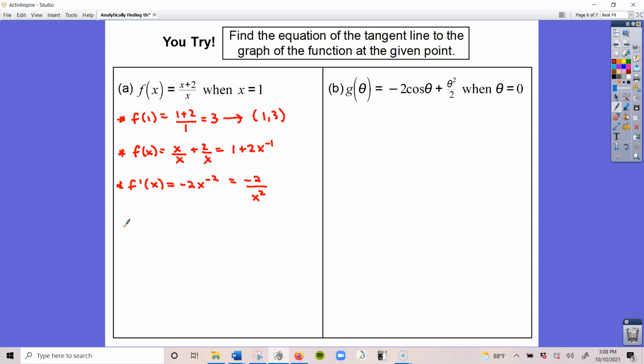Now we plug in the 1 to get the slope. So f prime of 1 is going to equal negative 2 over 1 squared, which is equal to negative 2 over 1, so negative 2. So I have my point, I have my slope. The equation of my line is going to be y minus 3 is equal to negative 2 times (x minus 1).